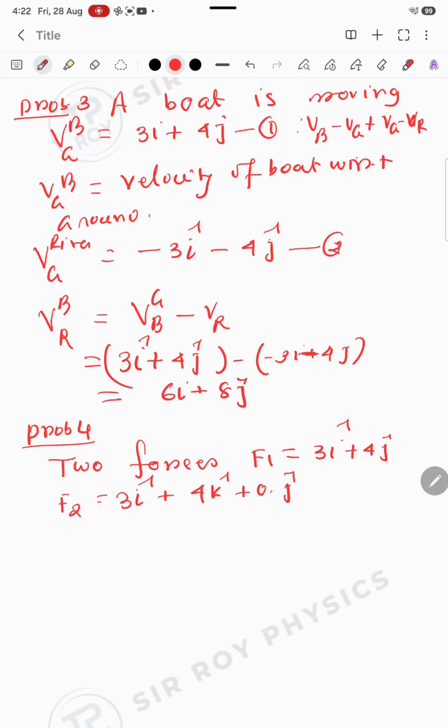What is the magnitude of the resultant? Calculate the magnitude of the resultant.